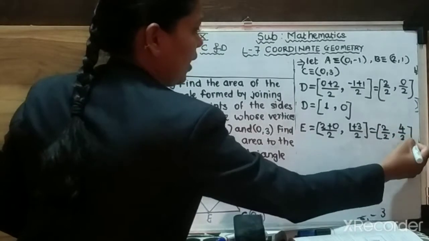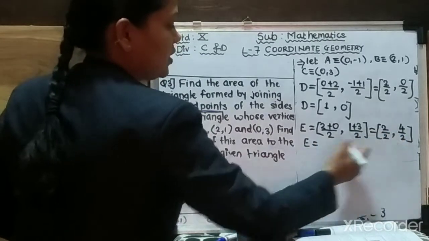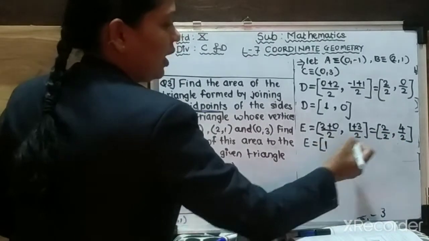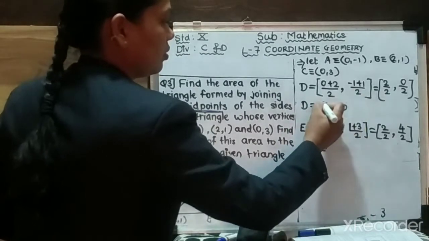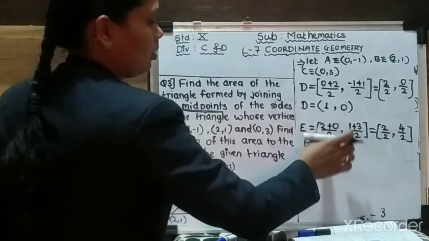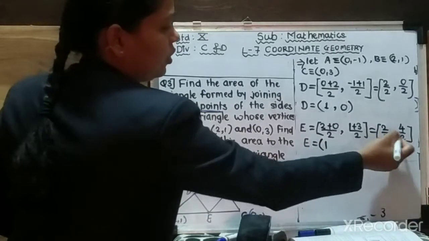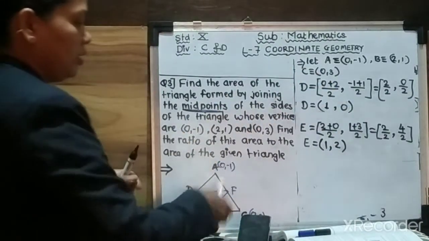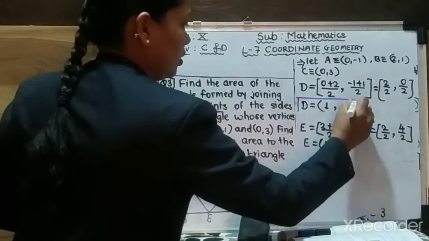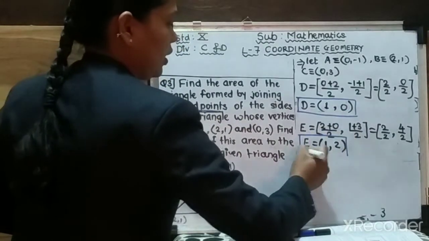So just divide it, so the E coordinate we get (1, 2). D coordinate we got, E coordinate we got.